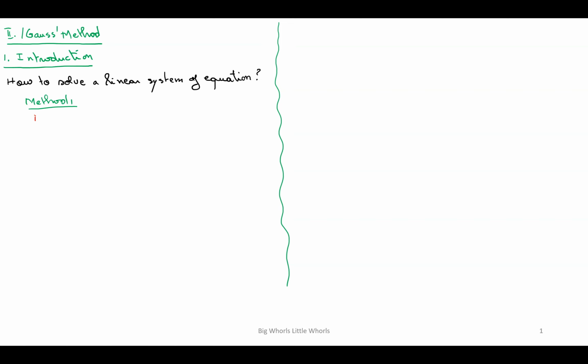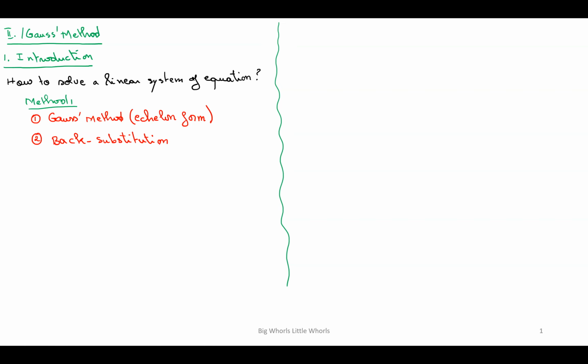First of all, we perform Gauss's method to bring the linear system into its echelon form. We will see shortly what we mean by echelon form. Then we do back substitution. That's how we solve linear systems of equations.